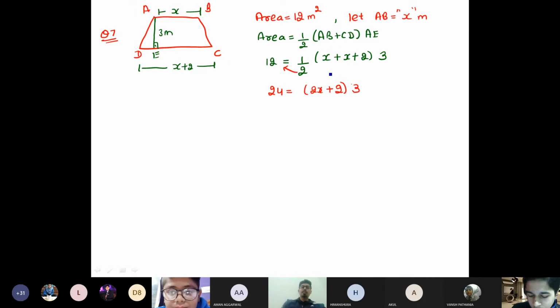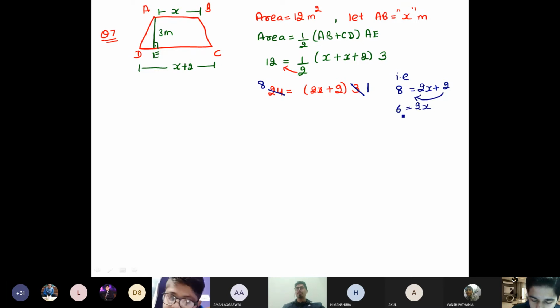See, I can cancel this: 3 ones are 3, 8 threes are 24. So 8 is equal to x plus 2. 2, when it goes there, it will be subtracted. So this will be 6. So x is how much? x is equal to 3 meter.